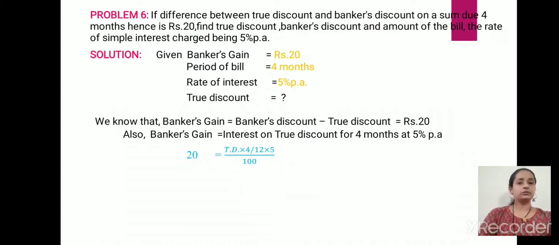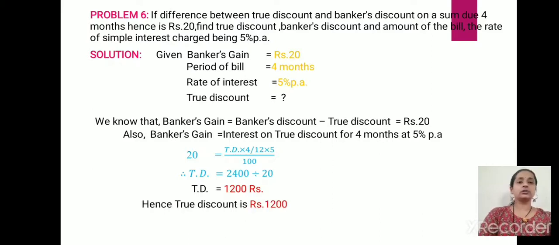True discount don't know. Period of bill 4 divided by 12. Why divided by 12? Because it is in terms of years, into 5 upon 100. Now if you simplify, what are you going to get? Yes, true discount. So what is the true discount? Do the calculations. After doing the calculations, you will get true discount as 1200 rupees. So you have obtained the first part of the problem, that is true discount. So the true discount is 1200 rupees.